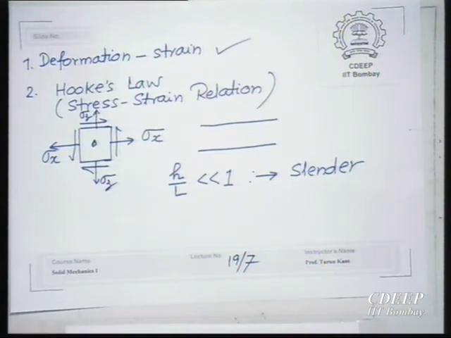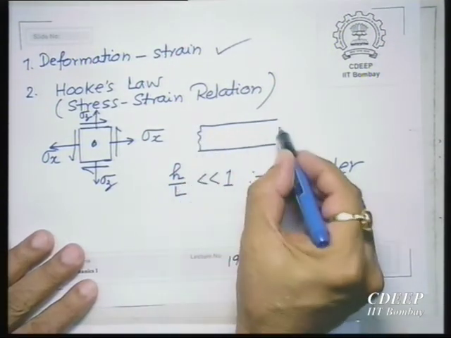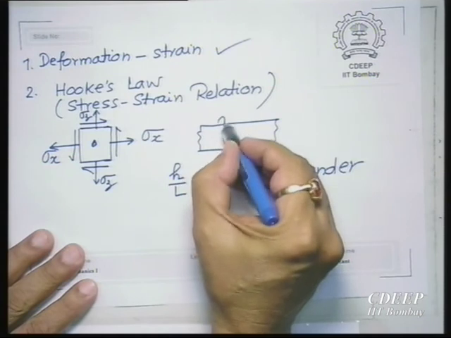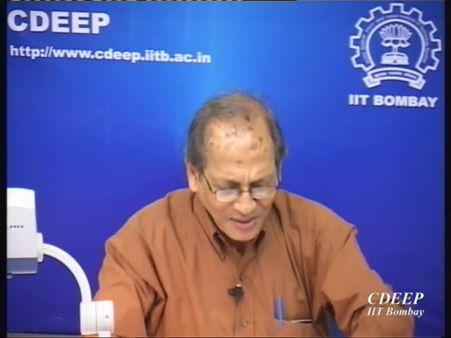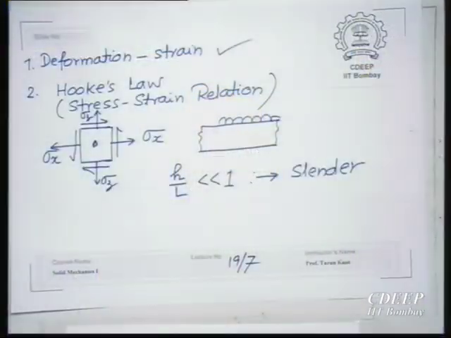Normally the loads on the beam are applied only from one side, either top or bottom. You never compress both sides. When you have a beam length like this, you load it like this, so it bends like this. So it is applied only from one side.